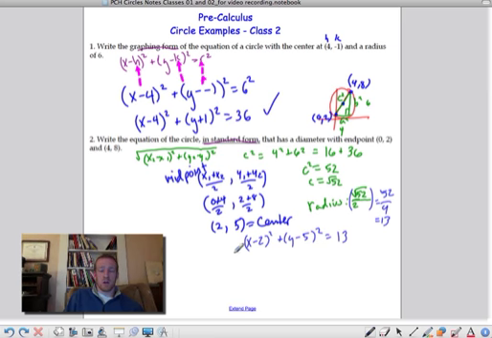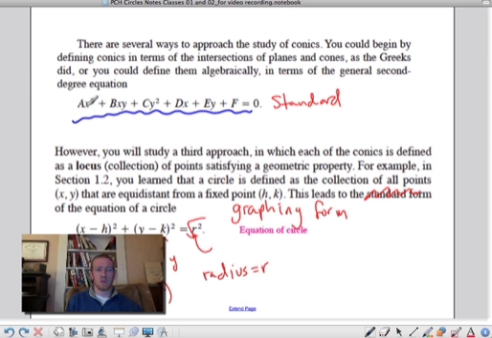So we're going to expand this out, FOIL it out, and we get x squared minus 4x plus 4. If I'm doing this part too fast, just pause it and try to do it yourself, but you guys should know how to multiply these out. And then, remember, you don't just distribute the square, you have to do y minus 5 times y minus 5. So that's plus y squared minus 10y plus 25 equals 13. Now we collect all terms over to the left side. And by convention, we go x squared, xy, y squared, and then x and y and numbers.